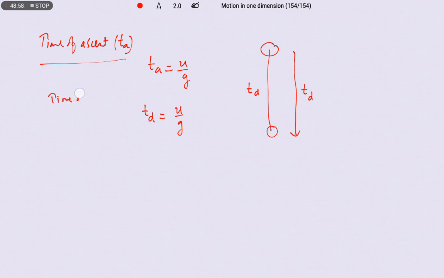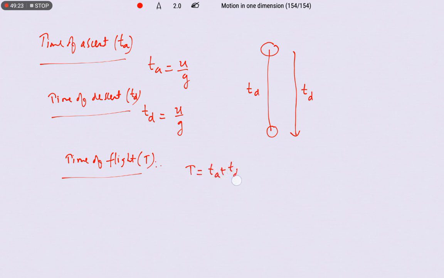So time of descent is nothing but the time taken by a body to reach the ground from maximum height. So the total time, how long it will remain in air, is known as time of flight. So time of flight we can represent with capital T. Time of flight is the sum of time of ascent plus time of descent.